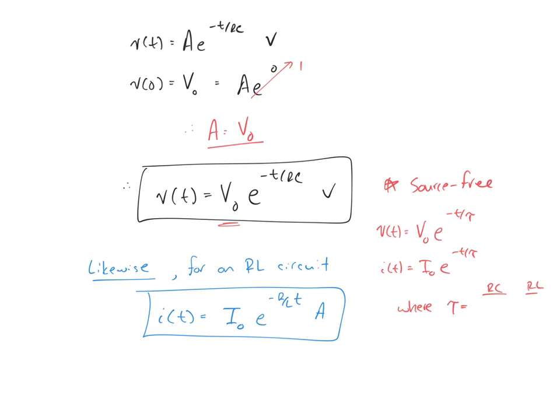For an RC circuit, we see that tau just equals RC. It's a unit of time, and we've mentioned this in past lectures. And for an RL circuit, tau equals L over R.